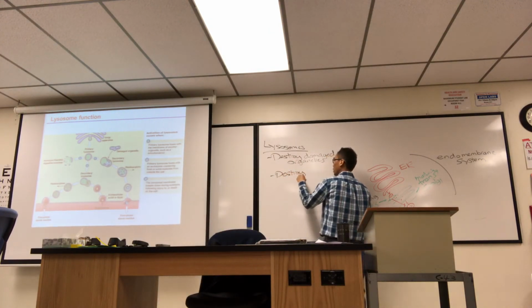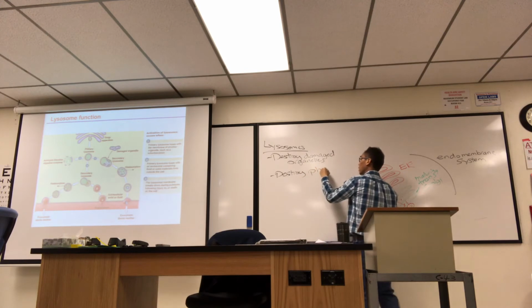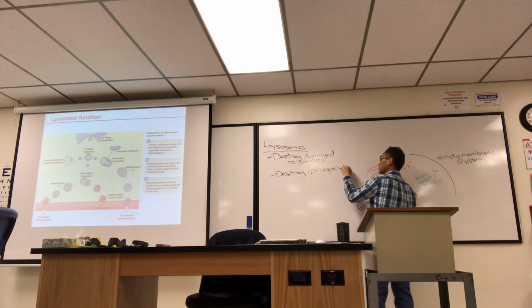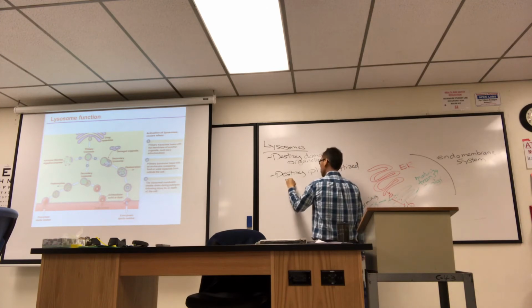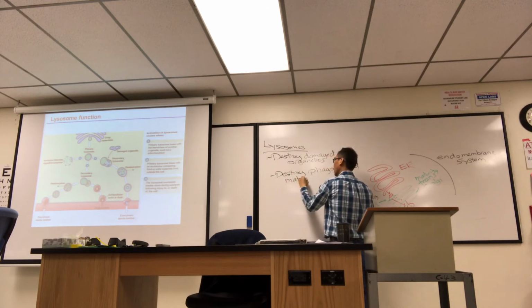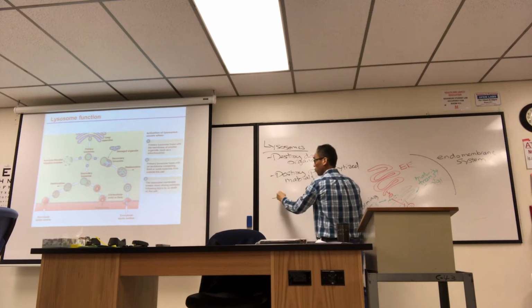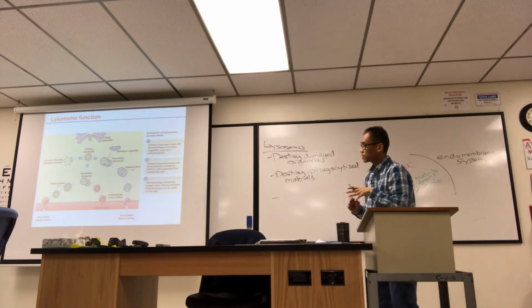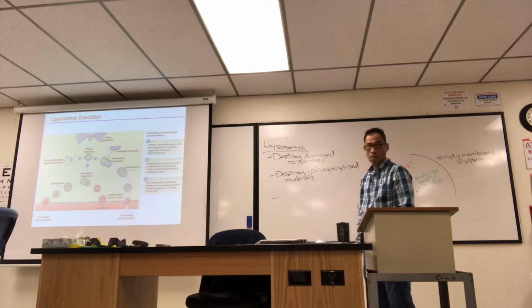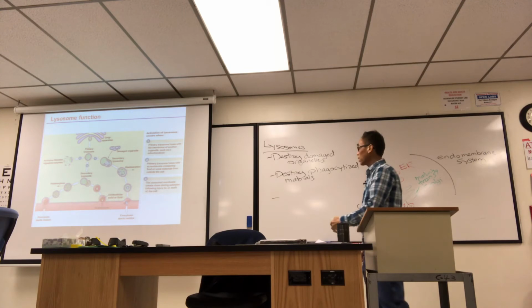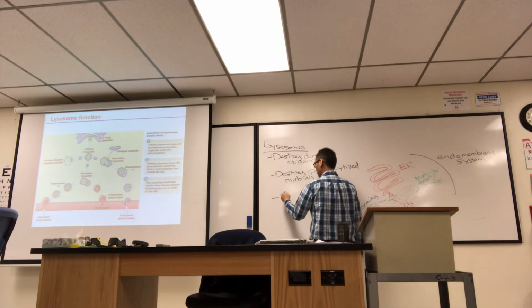Destroy phagocytized materials. The third option shown there is that the lysosomes burst and all of their lytic enzymes will actually destroy the cell. Now that's called apoptosis. That's programmed cell death, which is, you're supposed to do that.